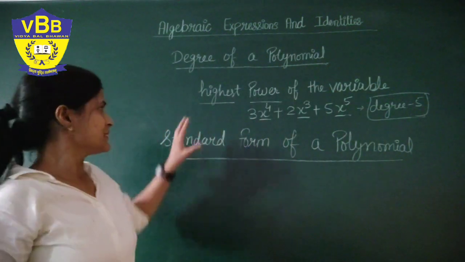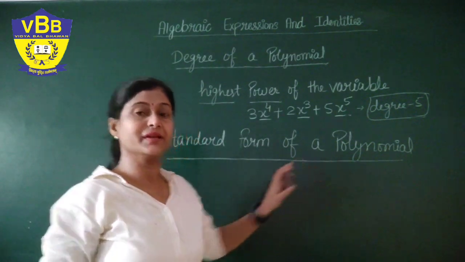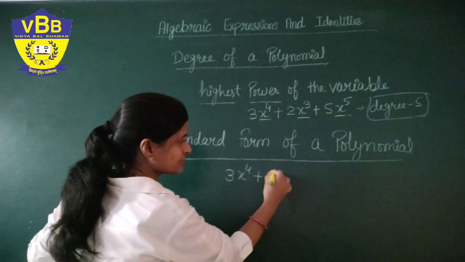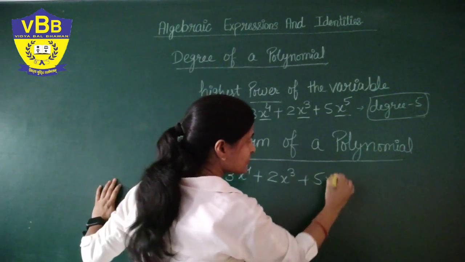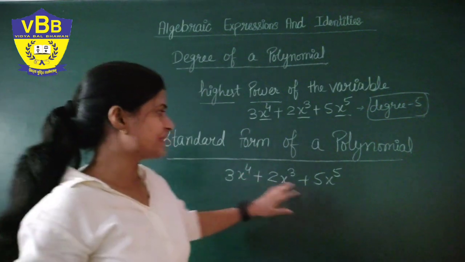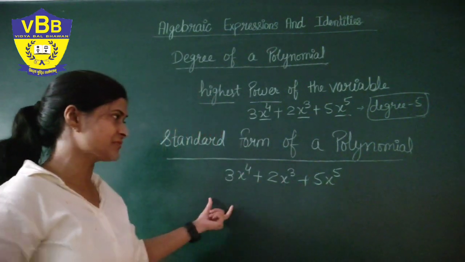This is interrelated to the standard form of a polynomial. If I am writing the same example here, to write a polynomial in standard form, always make sure the highest power is written first.